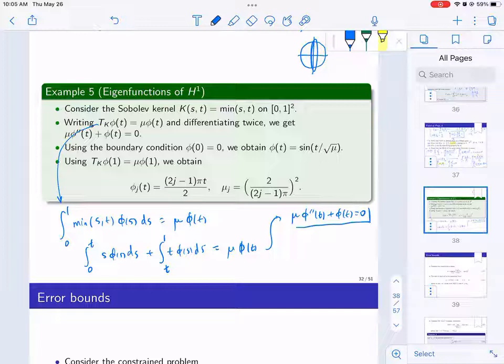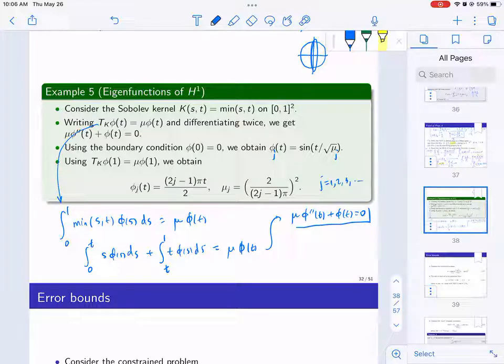But if you have computed all the possible solutions of this, by the Mercer theorem, because this is a continuous kernel and compact support, the collection of all the eigenfunctions, so this has to be phi j. There's a discrete set of eigenvalues, so j equals, I believe, 1 up to infinity.